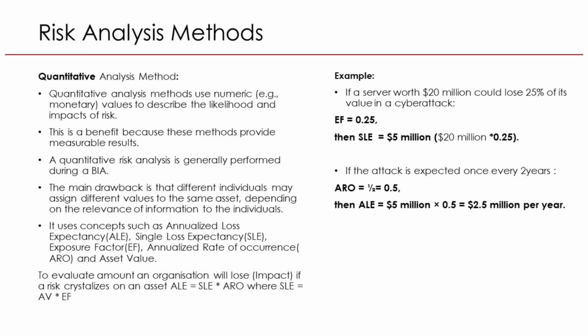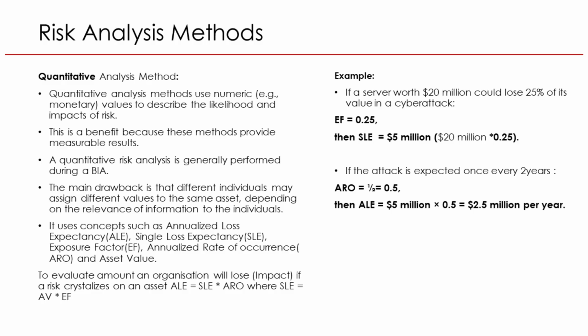The approach uses key formulas and concepts like asset value, AV, how much the asset is worth; exposure factor, EF, the percentage of loss if the risk happens; single loss expectancy, SLE, the expected loss from one event, SLE = AV x EF; annualized rate of occurrence, ARO, how often the event is expected to happen in a year; annualized loss expectancy, ALE, the total expected yearly loss, ALE = SLE x ARO.